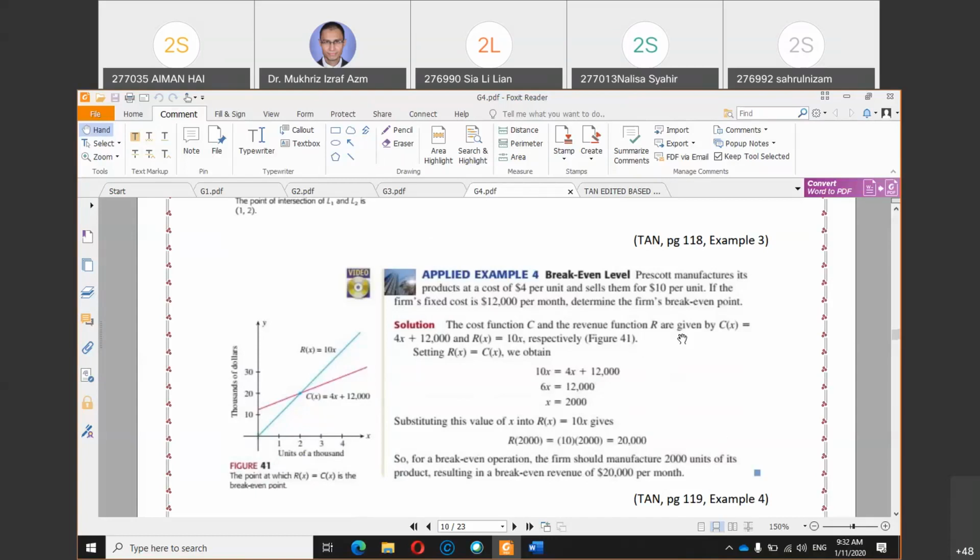So again, when you select any example from any book, make sure that you try to understand as much as possible what is the meaning. So this is for next class. If someone is going to take part in the presentation, you must know every single example or question.